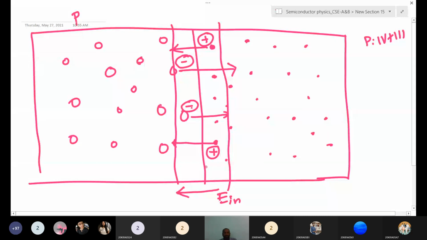Because of this internal electric field, what will it do? Suppose some free electrons and holes are available in the space charge region.